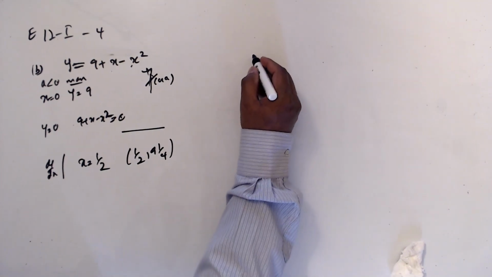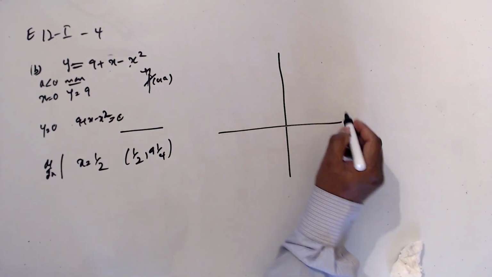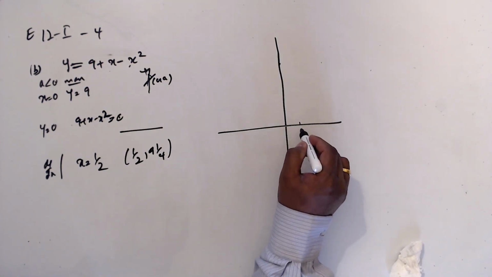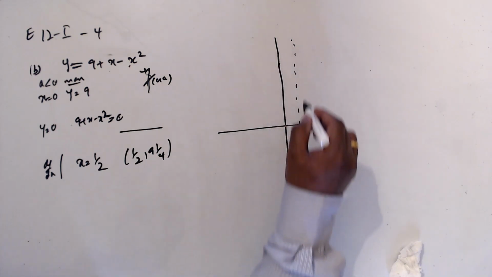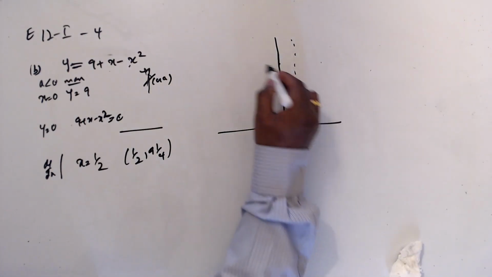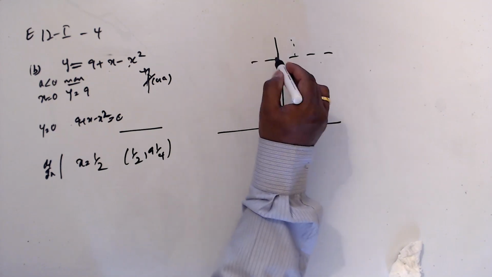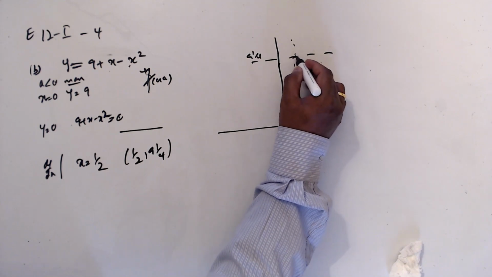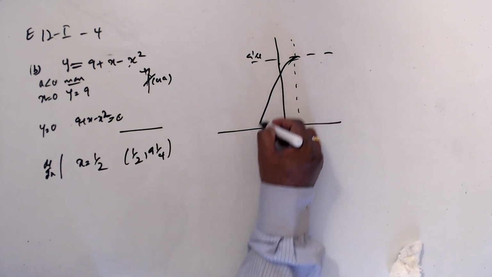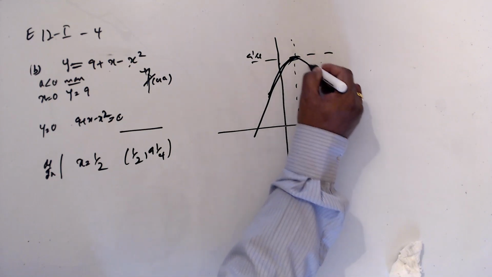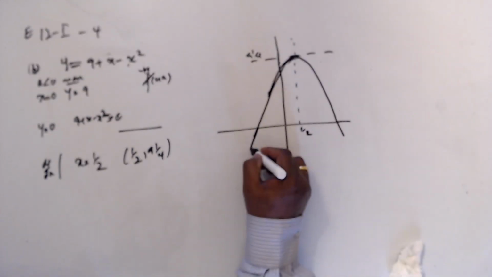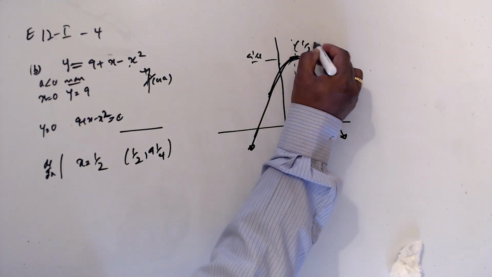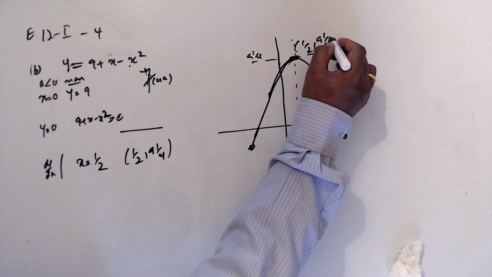So when we draw the graph, it will go through x is half and y is 9 1 over 4. This is half, this is 9 1 over 4. The graph is going like this.